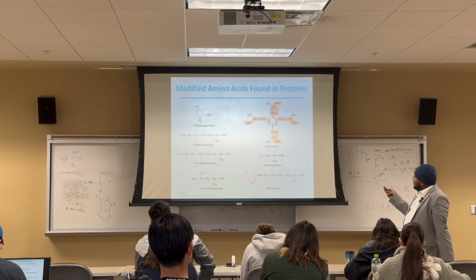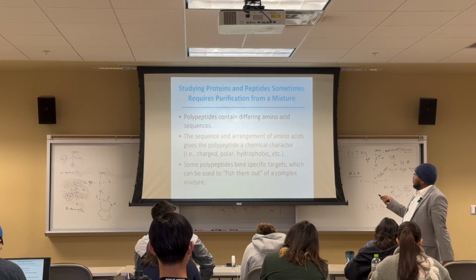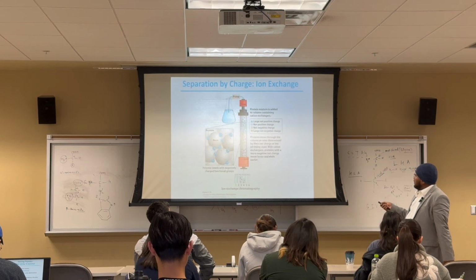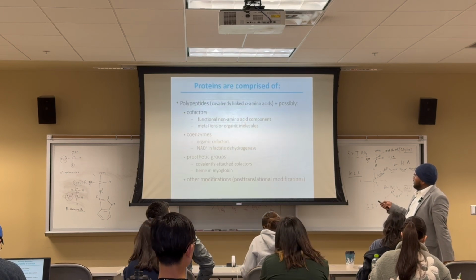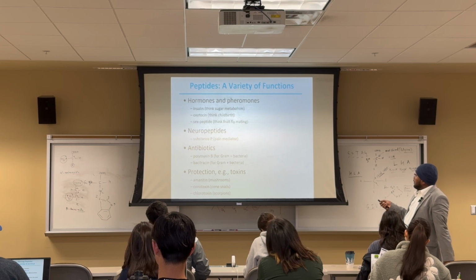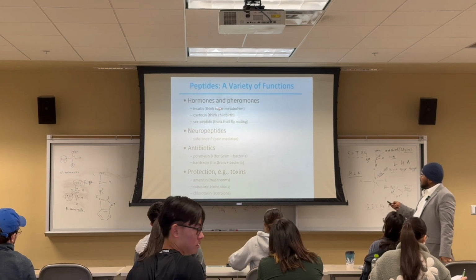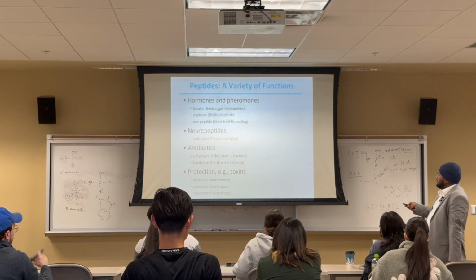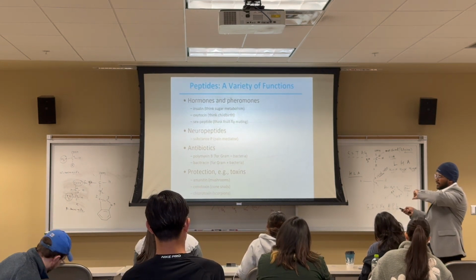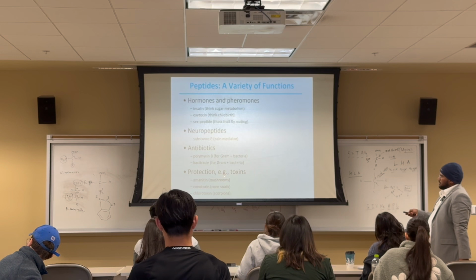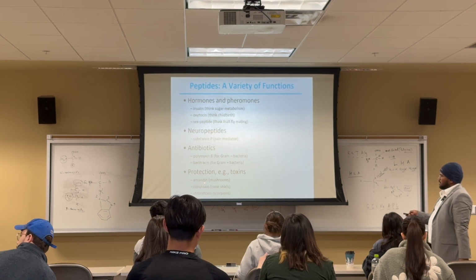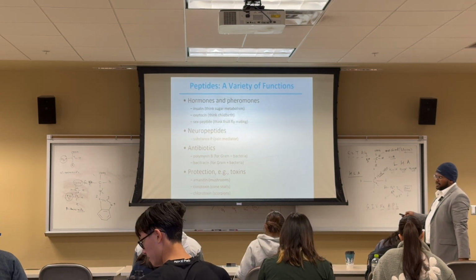Dr. Narayan will go forward and teach you more about the purification method. And here, peptides have a different variety of functions. There could be a hormone, pheromones, neuropeptides. There could be antibiotic protection or useful protection like amanitin, which is present in mushrooms.